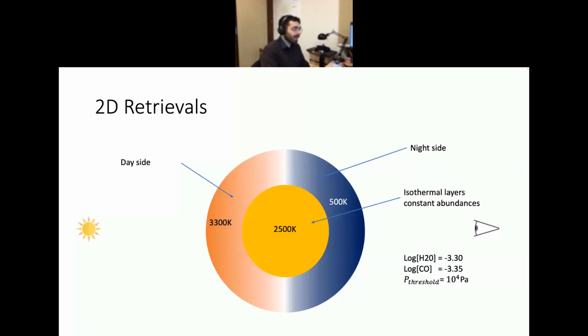We defined an atmosphere such that the substellar point was 3300 Kelvin, the antistellar point was 500, and we have an inner annulus of constant abundances at 2500 Kelvin. And then we put some chemistry in the atmosphere and we let it thermally dissociate according to the pressure and temperature values.